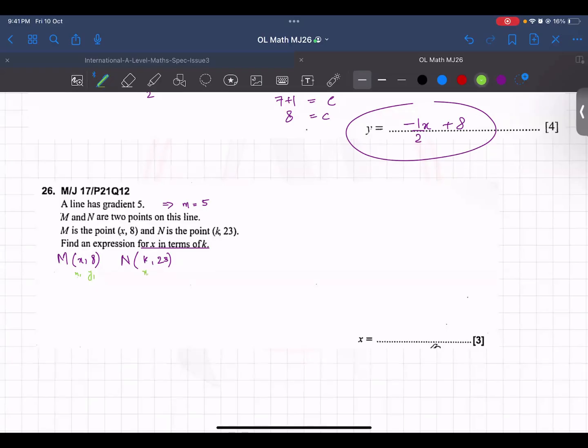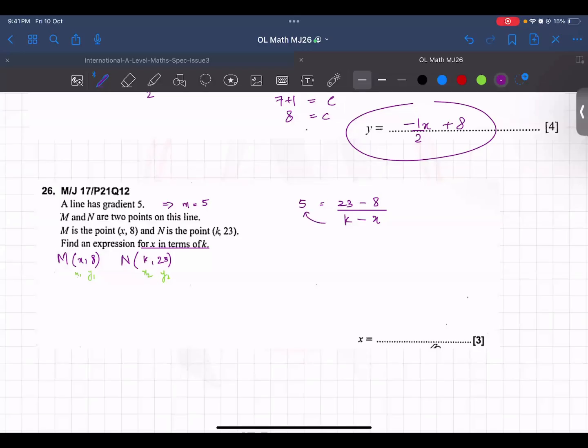X1, Y1, X2, Y2. So gradient is 5. 5 equals Y2 minus Y1, which is x, upon X2, which is k. Sorry, y2 is 23, y1 is 8, and your x2 is k, x1 is 8, x.